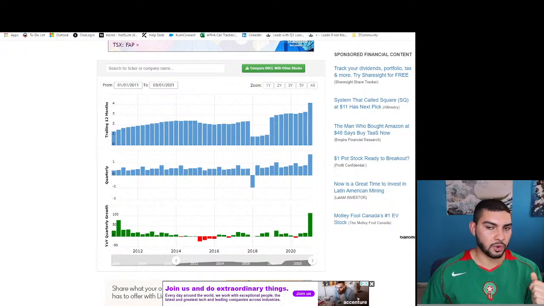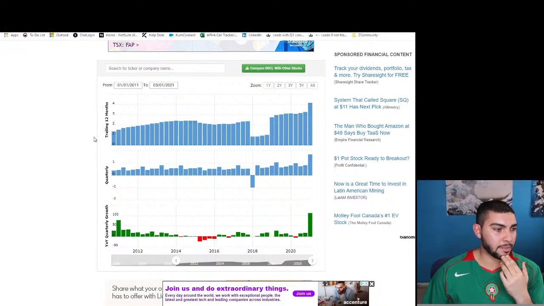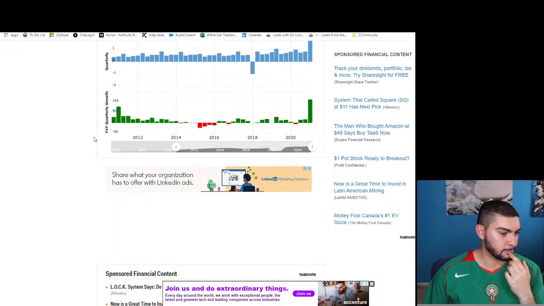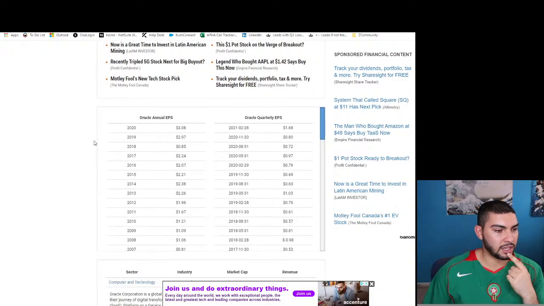Now, EPS growth over the past 10 years, we're already looking at that. But my factor is 10% per year. Is there somewhere that will tell me this?